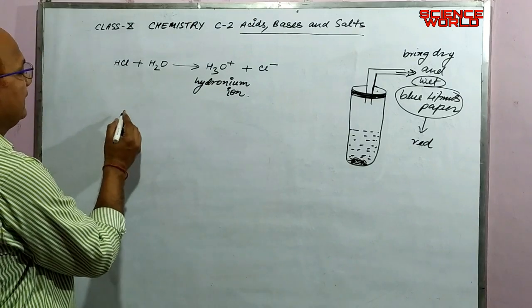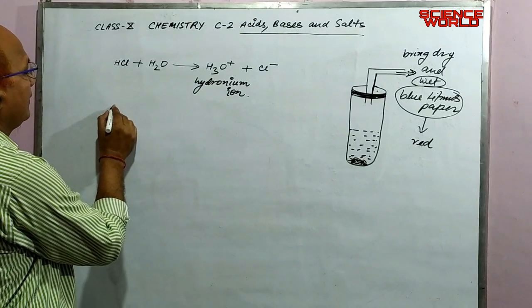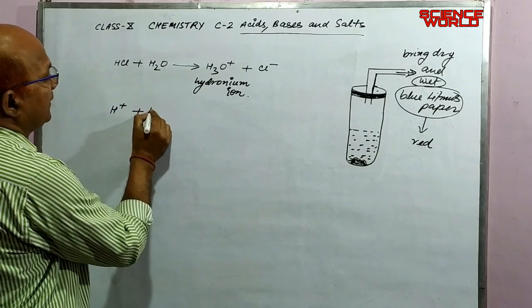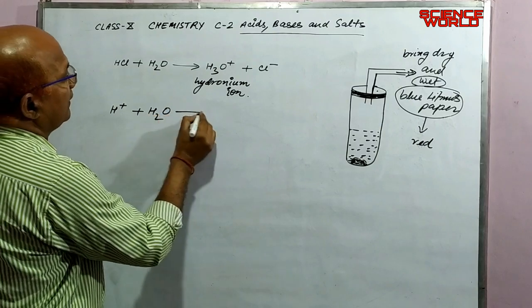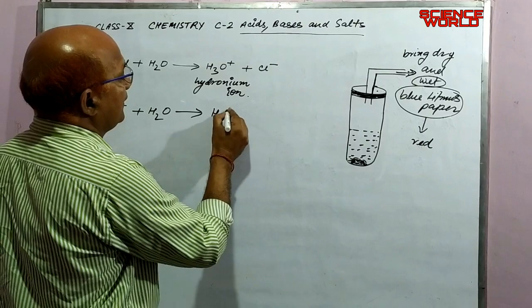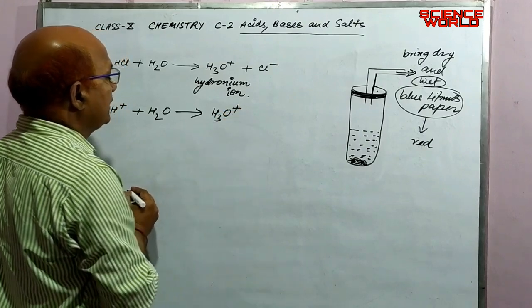So, these ions combine with water molecule. You can see like this, hydrogen ion plus water molecule, it forms hydronium ion H3O plus. Okay.